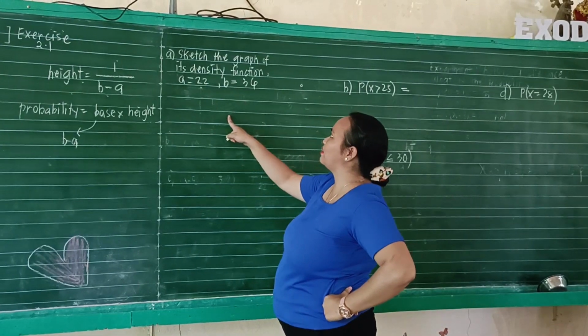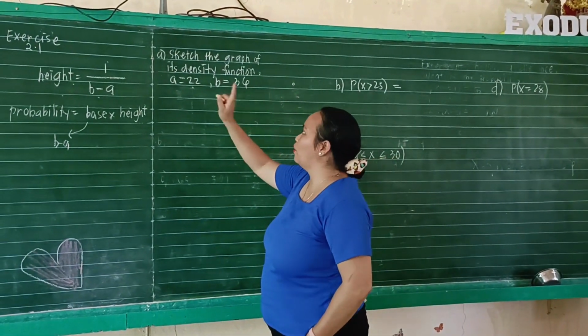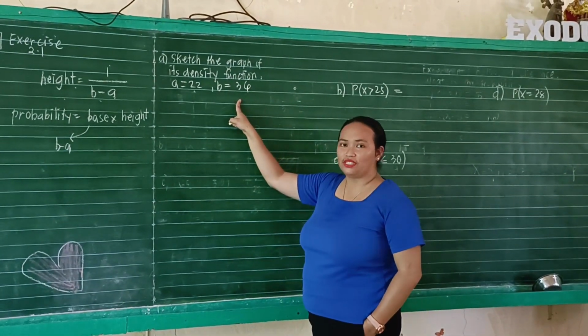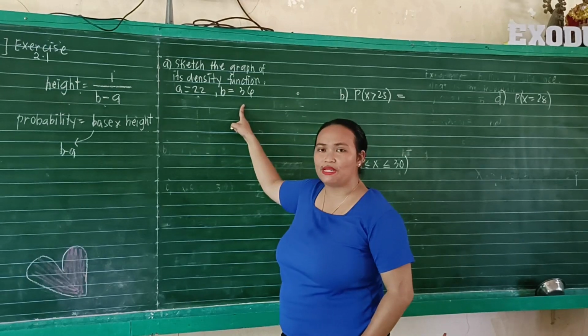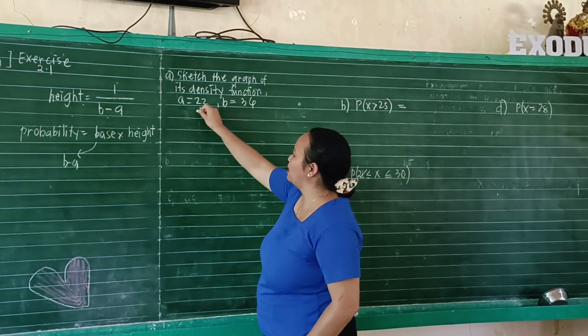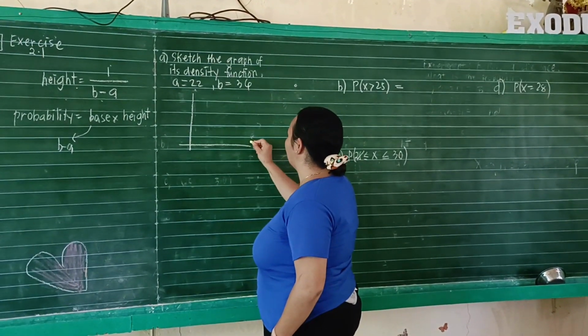Okay, let's go to letter A. Sketch the graph of its density function, where our lowest value is 22 and our highest value is 36. Remember, this is the number of jumping jacks in 30 seconds. So, in a graph, remember na siya vertical line and the horizontal line.